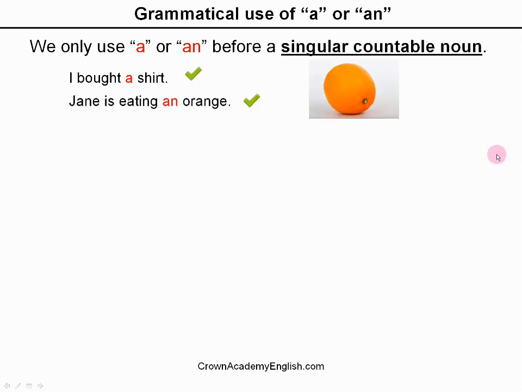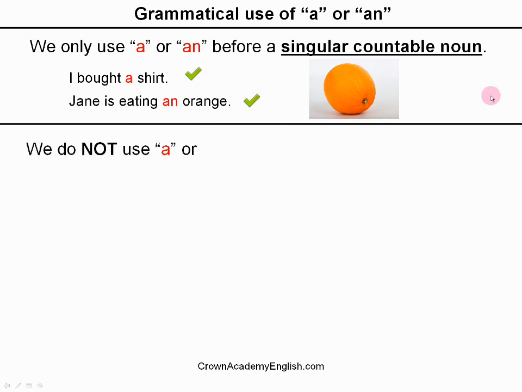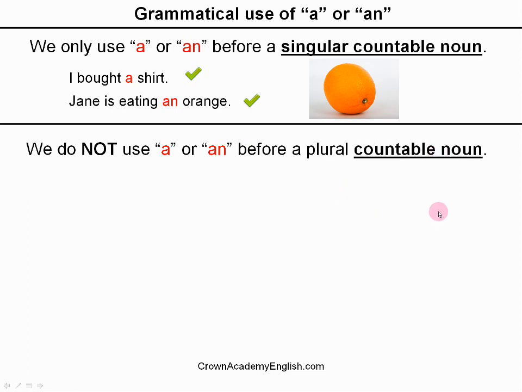Jane is eating an orange, so that is fine. However, we do not use a or an before a plural countable noun. I bought a shirts. That is wrong, because shirts is a countable noun in the plural.